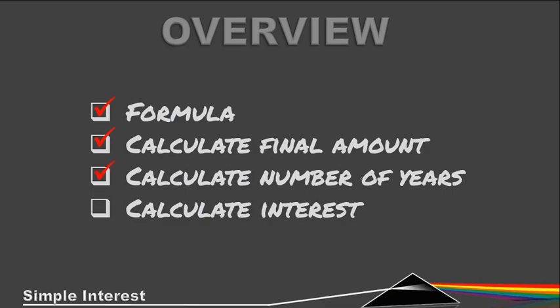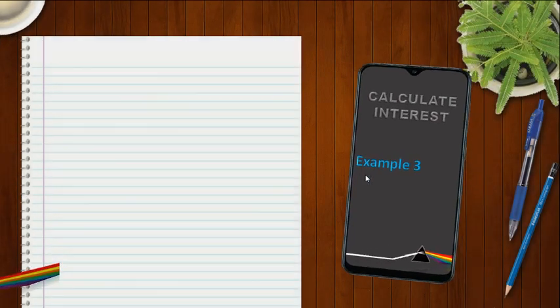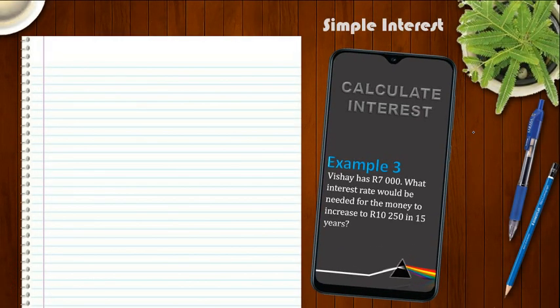Okay, now on to the final section of calculating the interest. Example 3: Vishay has 7,000 Rand. What interest rate would he need for the money to increase to 10,250 in 15 years? If this is not specified, since we are working with simple interest, let's assume this is a simple interest sum.